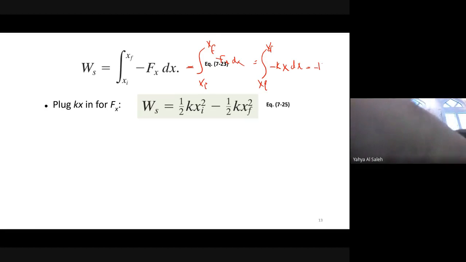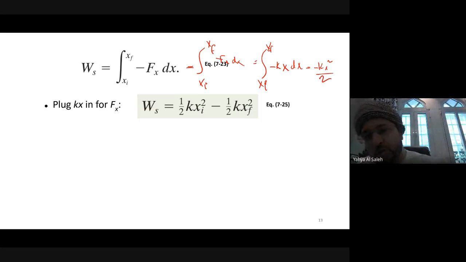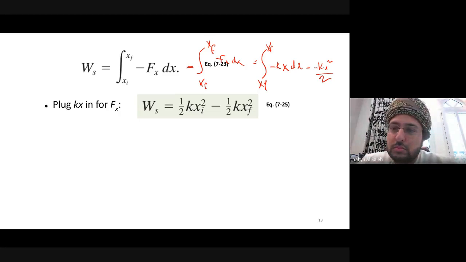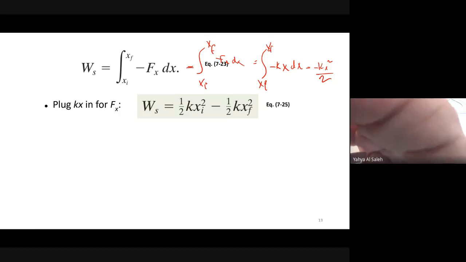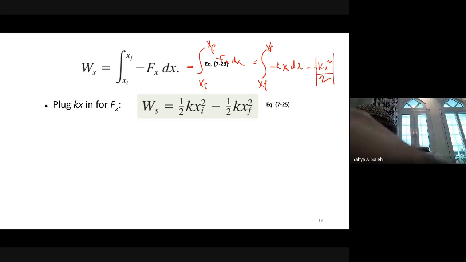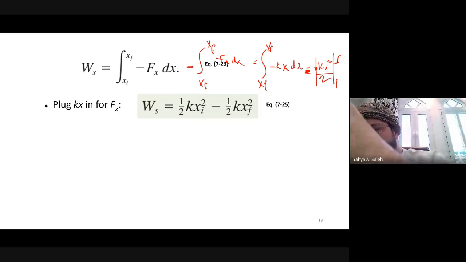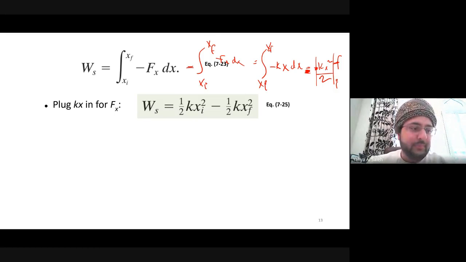It will become minus kx squared over 2. Take the minus out, from i to f. So once I put in the i and the f, I will get half kxi squared minus half kxf squared. So the difference between our initial energy and our final energy.